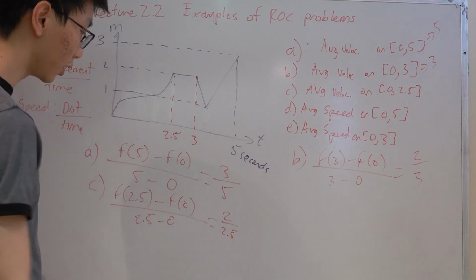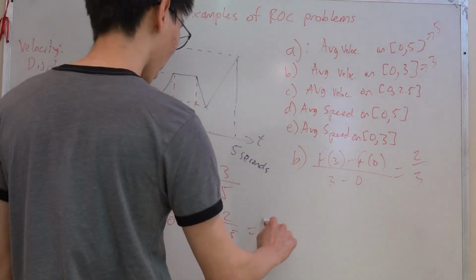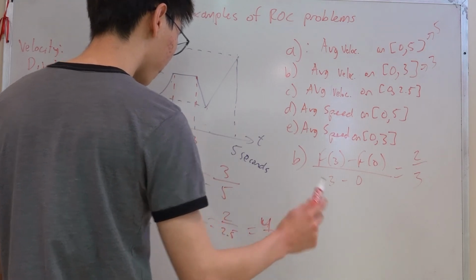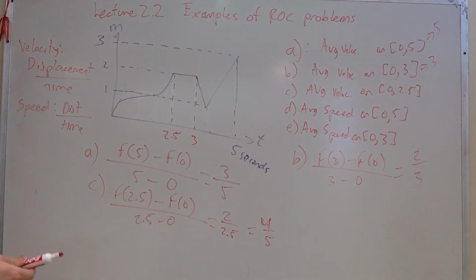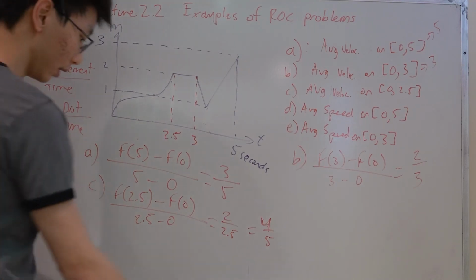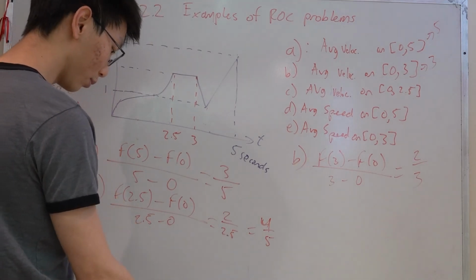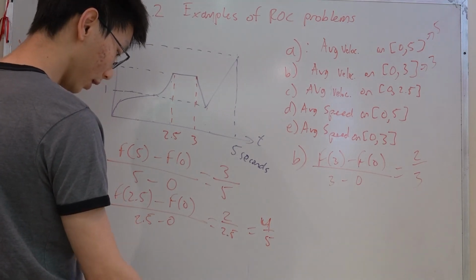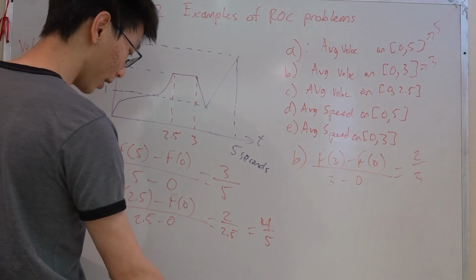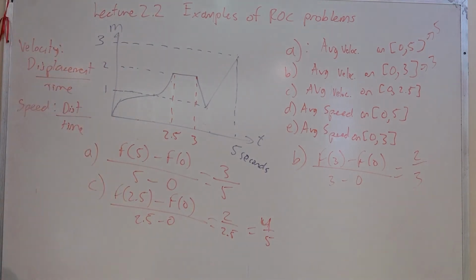If you don't like the fraction in the denominator, this is the same thing as 4 over 5. Okay. And you're allowed to use a calculator for these. Don't be afraid to use a calculator. I'm going to use a calculator to make sure that this is correct, although I'm pretty sure it should be right. Yeah. I was going to give up math if I got that wrong.